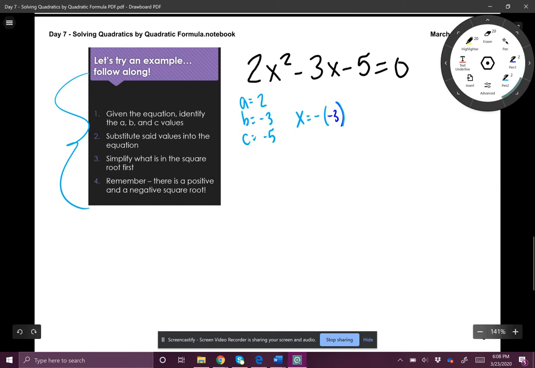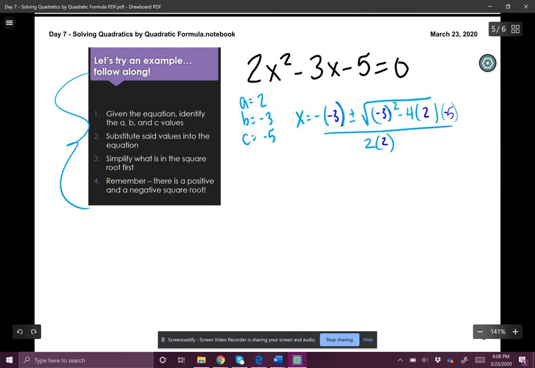So x is equal to -b plus or minus the square root of b squared, -3 squared, minus 4 times a, which is 2, times c, which is -5, all over 2 times a, which is 2.